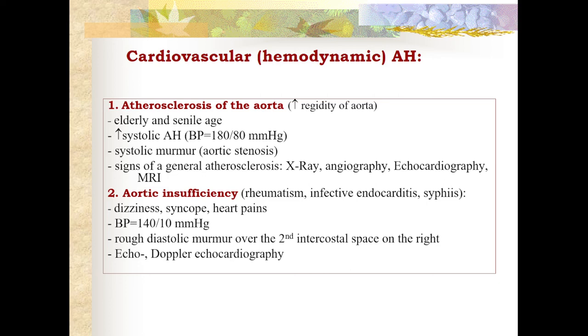During auscultation over the aorta we can reveal a harsh hoarse systolic murmur in the second intercostal space to the right and over Botkin point, and can reveal signs of general atherosclerosis, peripheral atherosclerosis.